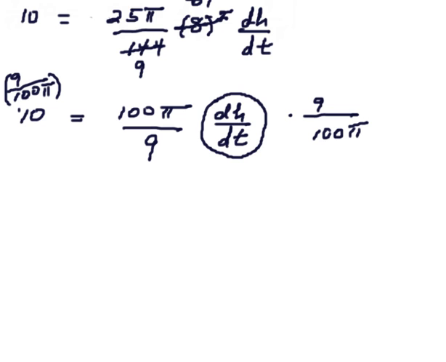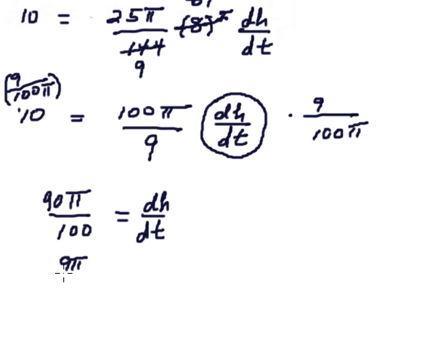And so in the numerator here we have 90, that's 10 times 9, 90 pi over 100 is equal to dh/dt. Divide top and bottom by 10, and we have 9 pi over 10 is equal to dh/dt.